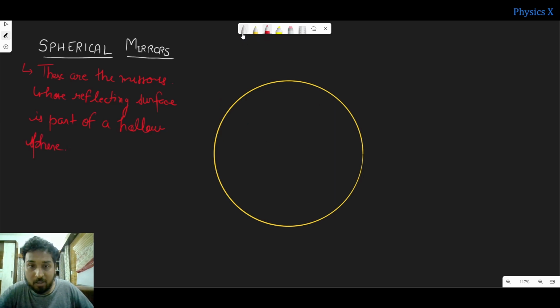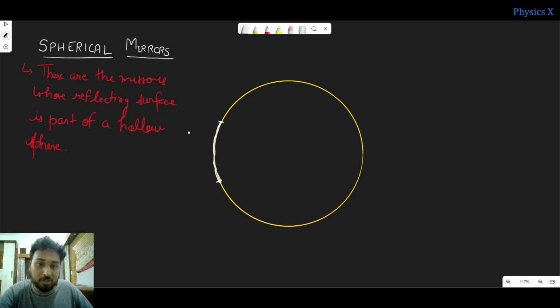So what I am telling you is that this mirror can be a part of this sphere, suppose from here to here, this portion over here. This will be a type of spherical mirror, and the reflecting surface, as I told you, can be on either side.